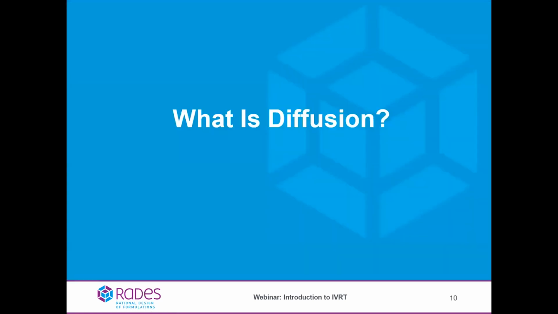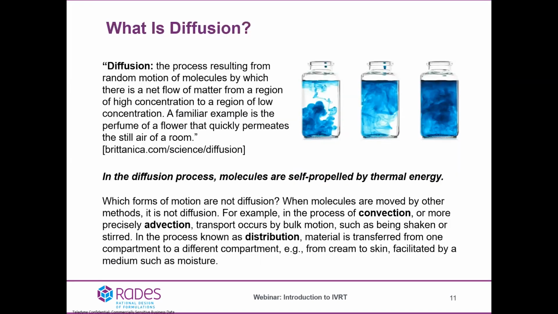So what is diffusion and why does it matter? Diffusion is actually not what is determined in an IVRT testing, but it is the underlying process. It is defined as the process resulting from random motion of molecules by which there is a net flow of matter from a region of high concentration to a region of lower concentration.